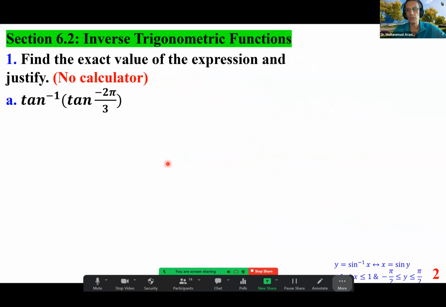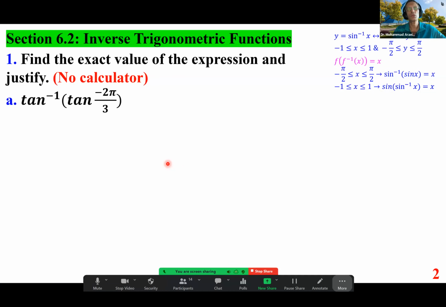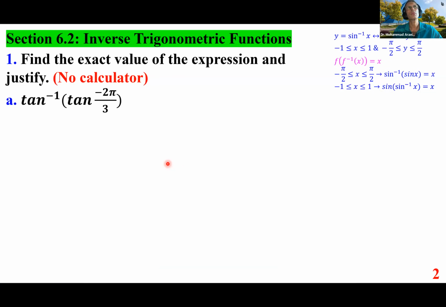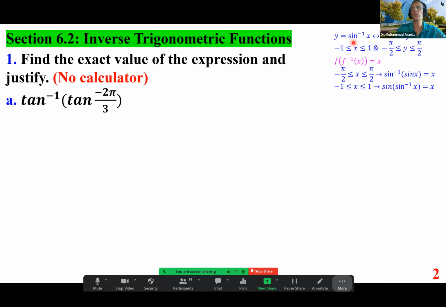No calculators. So just to refresh your memory as far as the inverse functions are concerned, when you're dealing with a sine inverse, y equals sine inverse of x, x is sine y, x is between -1 and 1, and y is between negative pi over 2 and pi over 2.